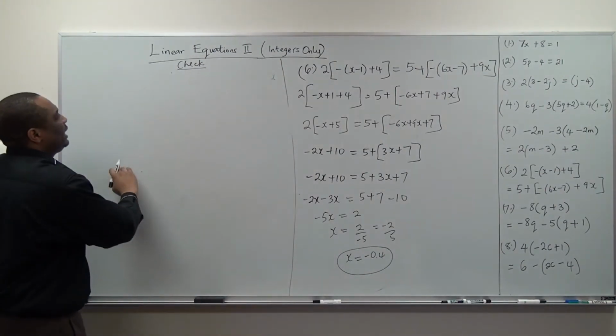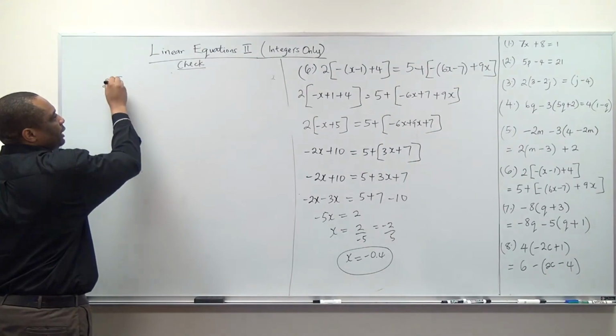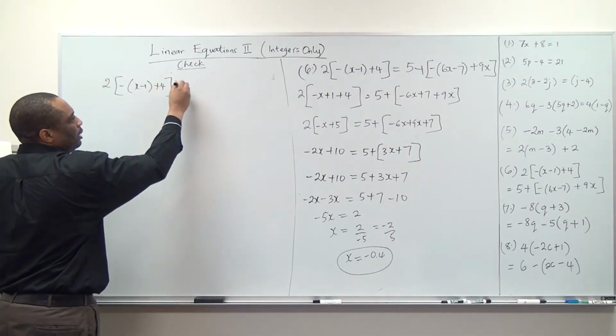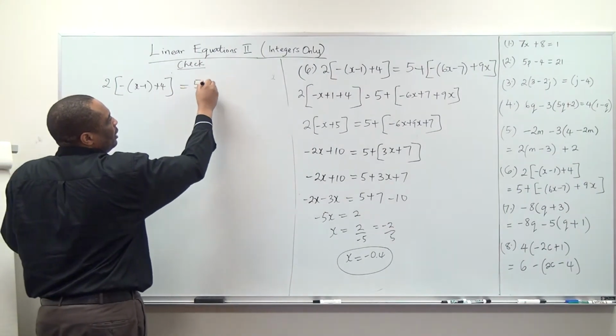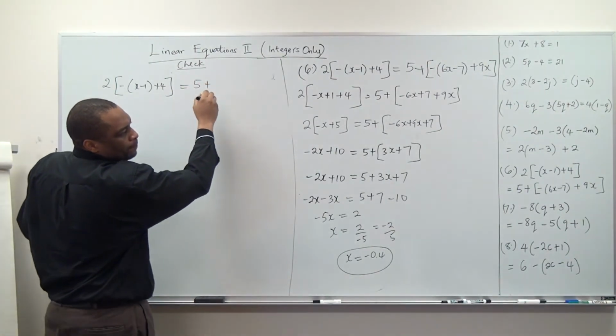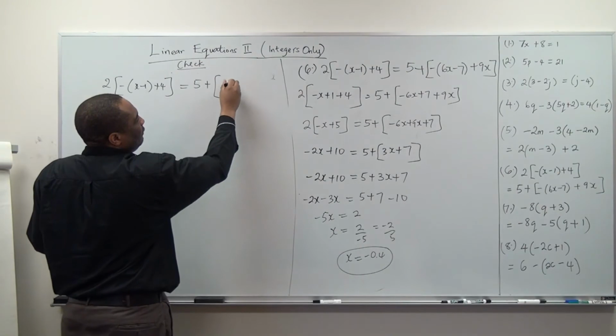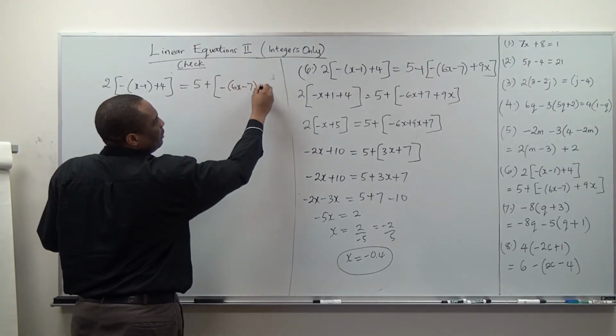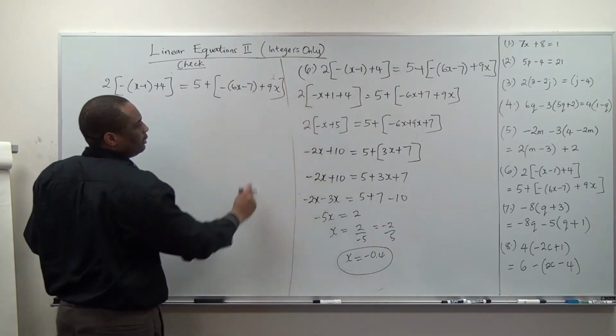Okay, so in checking, we write the main equation: 2 into negative x minus 1 plus 4 equal to 5 plus negative 6x minus 7 plus 9x. Right?